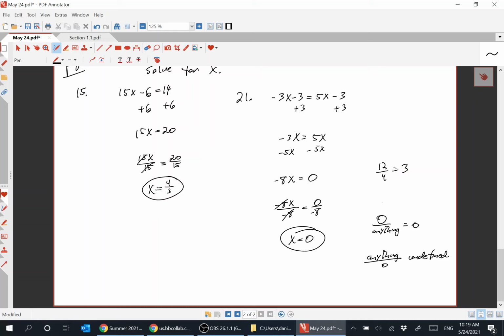Well, division is the reverse operation of multiplication. 12 over 4 is equal to 3 because 12 is equal to 3 times 4. You're reversing the multiplication. So instead of multiplying 3 by 4 to get 12, you take 12 and you divide it 4 ways to get 3. Fine. 0 over anything is 0 because 0 times anything is 0.